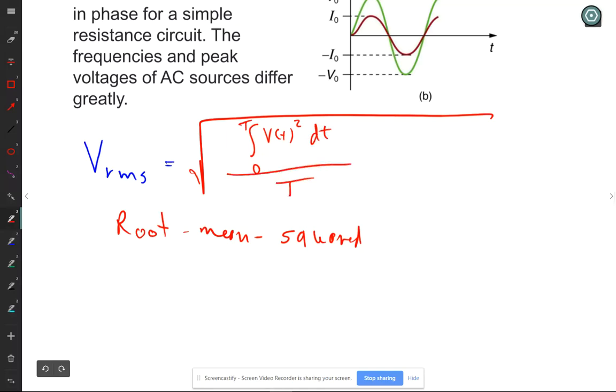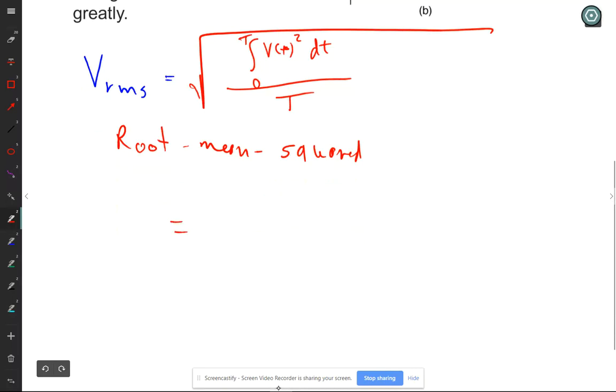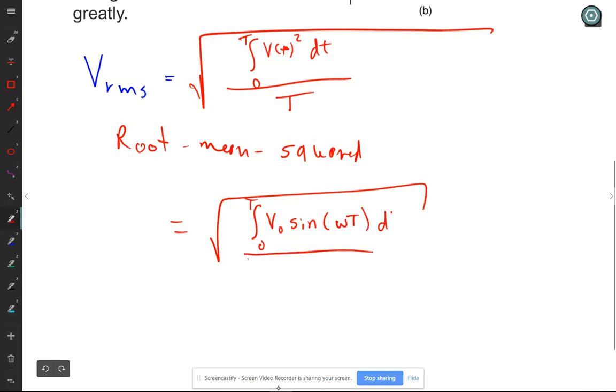So you do that calculation. It's not actually hard, because that's just equal to the square root of the integral from 0 to the period of the maximum sine of omega t, dt over T. V is a constant, so it's the integral of sine squared.